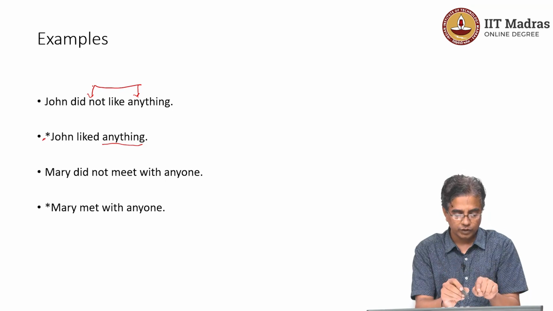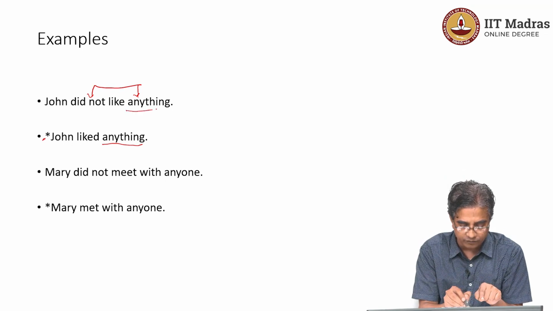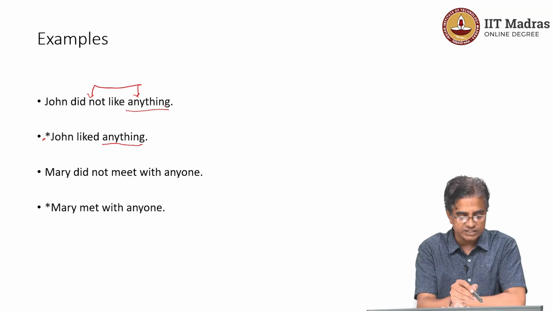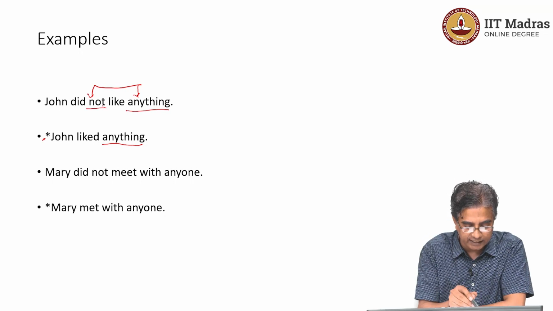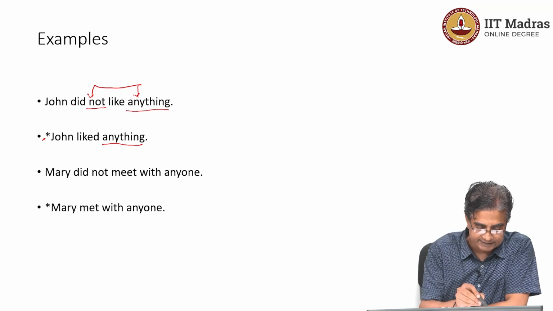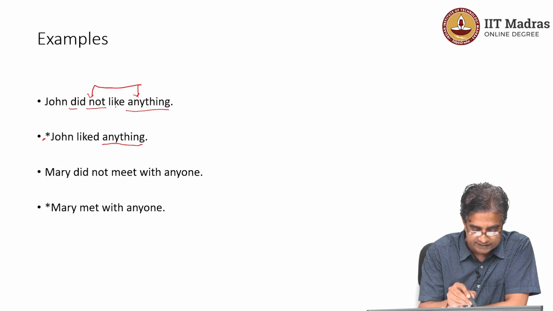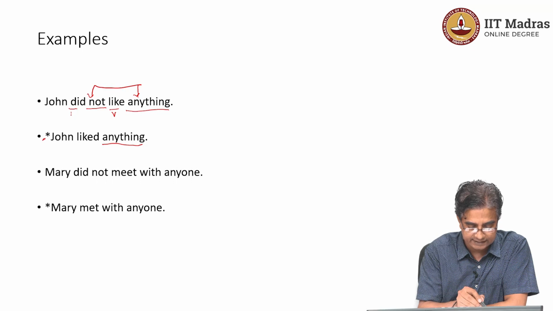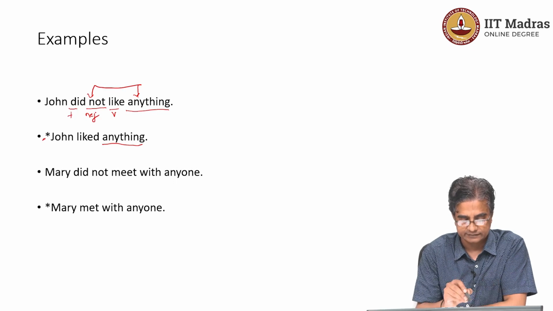So, the presence of this word anything is contingent upon a negative element in the sentence. And see, this is the past tense, tense is already separated, here is the verb. Here is tense and here is the negative thing. And this is negative sensitive.